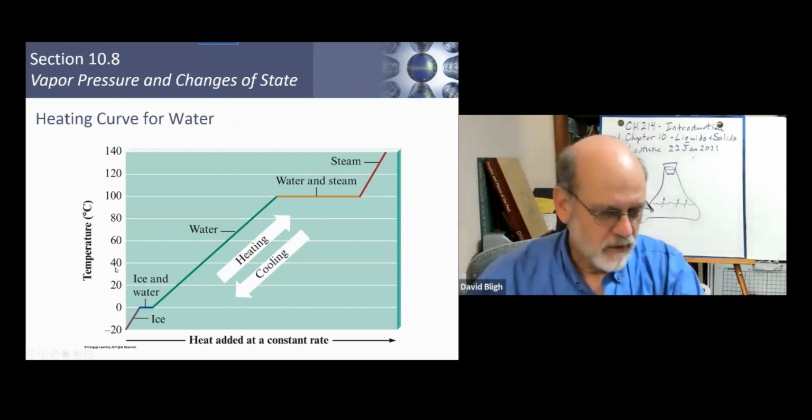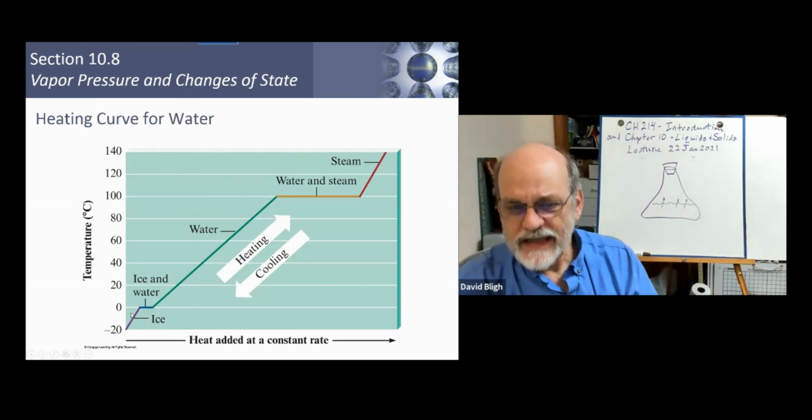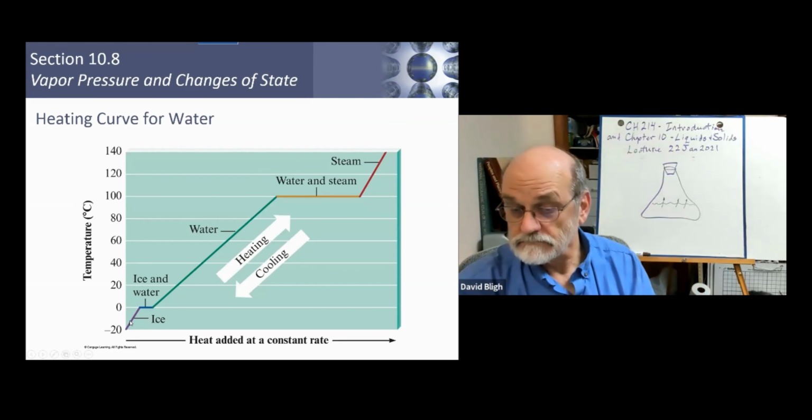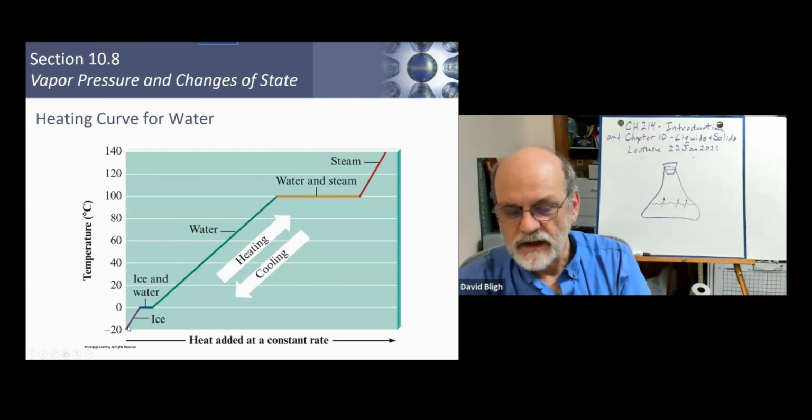Now, what does this graph represent? If we heat ice and we measure the temperature at the same time, then as we add heat gradually, we find that the temperature of the ice will increase until it reaches its melting point.